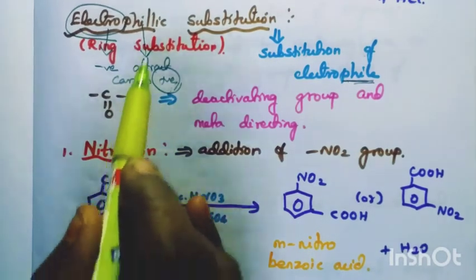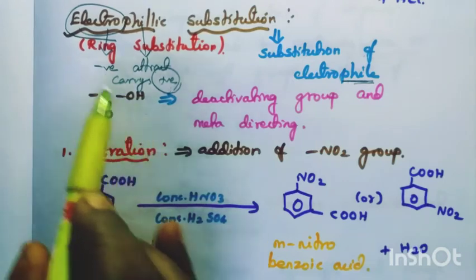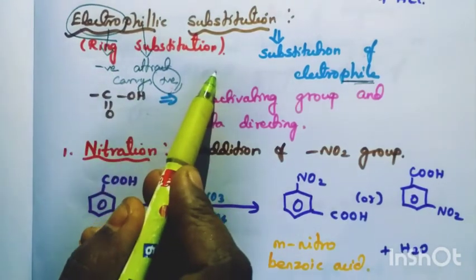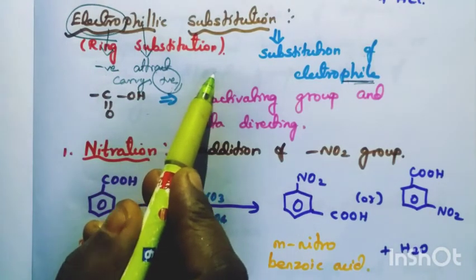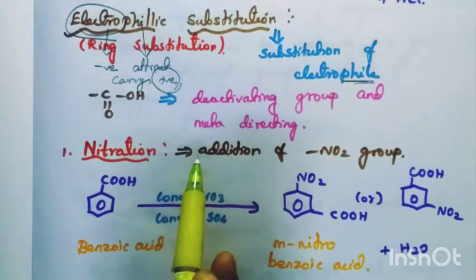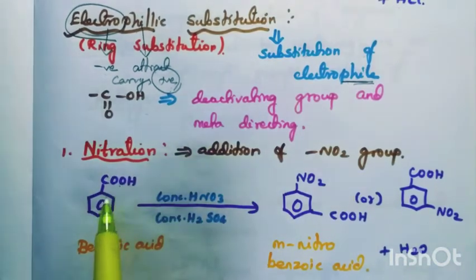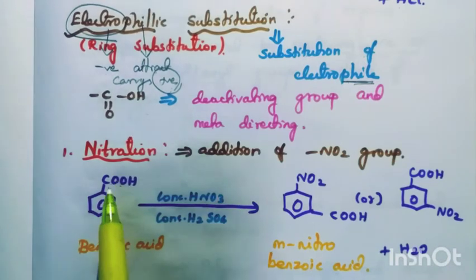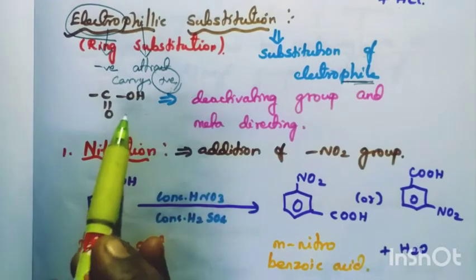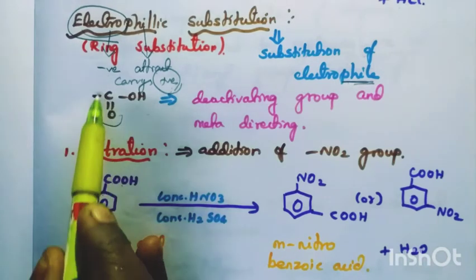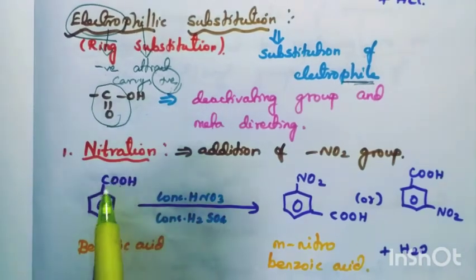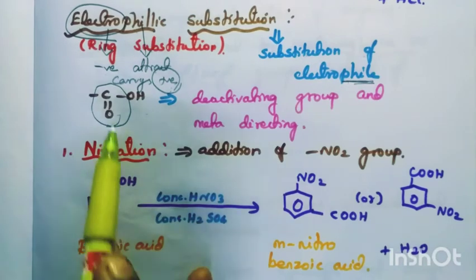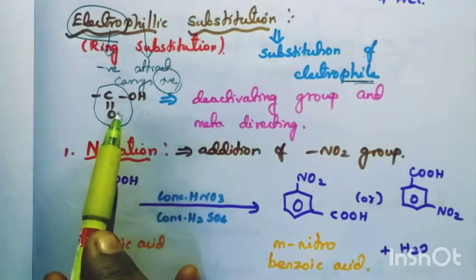Carboxylic acid. Electrophilic substitution takes place in the ring. While the reaction takes place in the ring, we must find whether any group is present in the benzene ring or not. Yes, in benzoic acid, the COOH group is attached here. The carbonyl group is attached directly to the benzene ring. We already studied the carbonyl group in aldehyde, no?